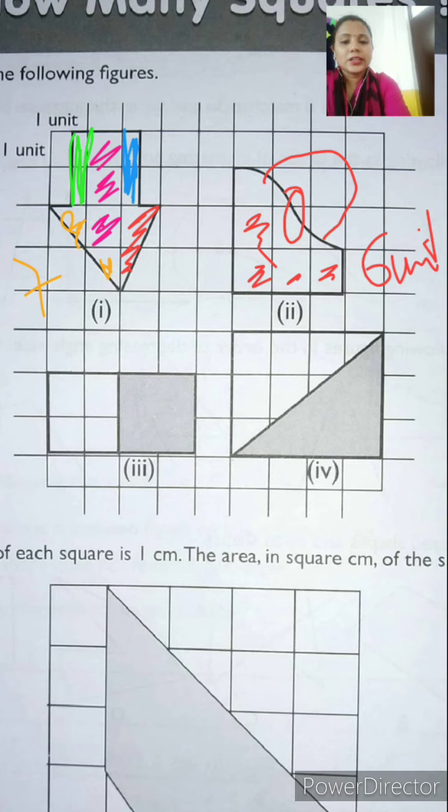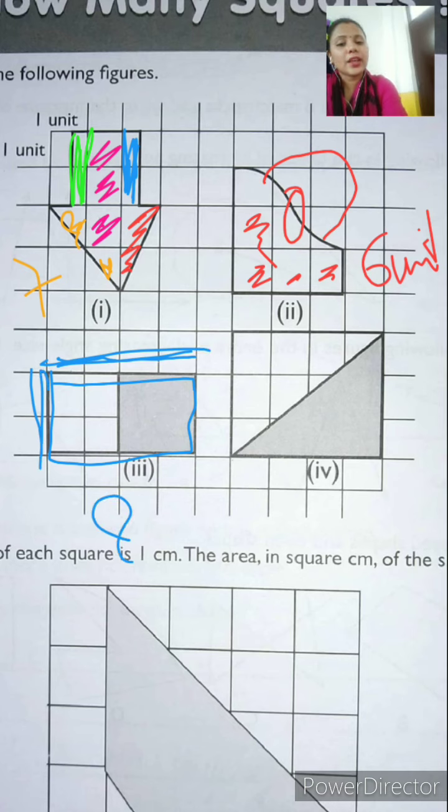As you can see here, this shape is covering 1, 2, 3, 4, that is 4 length, and 2 breadth. So 4 multiplied by 2, that is 4 twos are 8. So here the answer is 8 units.